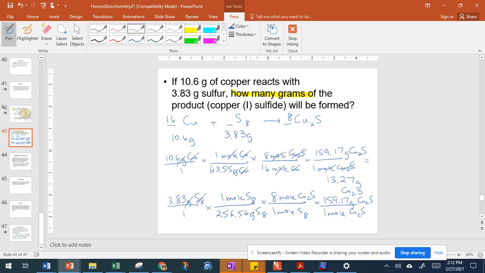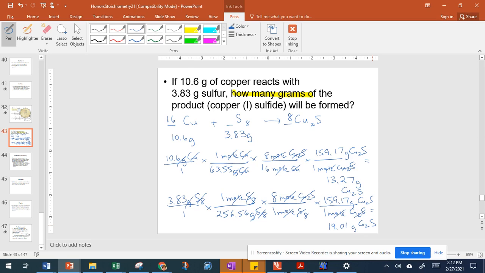Notice the grams of S8 cancel out, moles of S8 cancel out, moles of Cu2S cancel out, and we're left with grams of Cu2S. Let's multiply that out: 3.83 times 8 times 159.17 divided by 256.56 grams. And we get 19.01 grams of Cu2S.